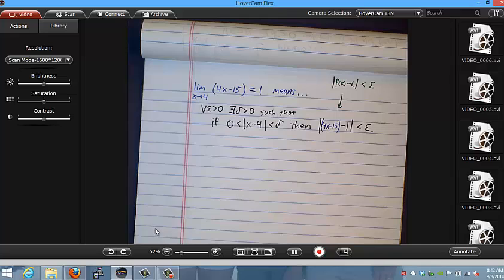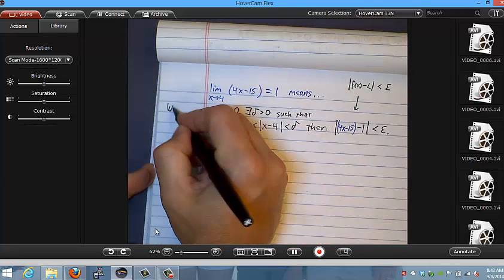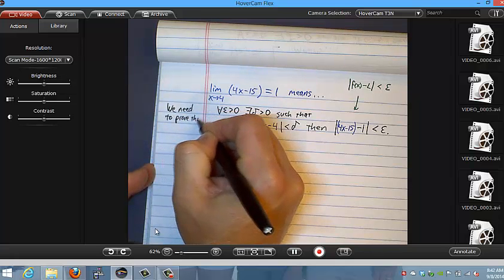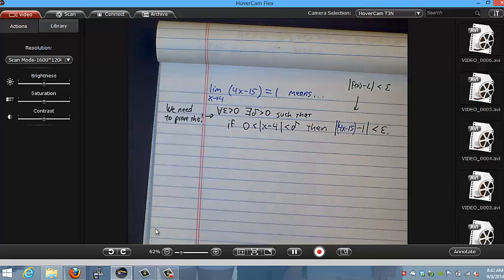Now, again, the game is we need to prove this. Because it says prove that that limit is 1. That means we need to show that for any epsilon at all, you can find a delta to get me in the window. So I want to show you how this works. Okay? So give me a small number for epsilon. What should I use? 0.5.